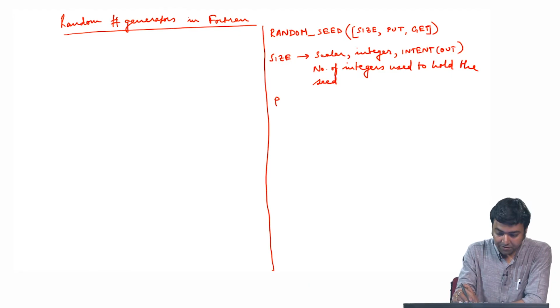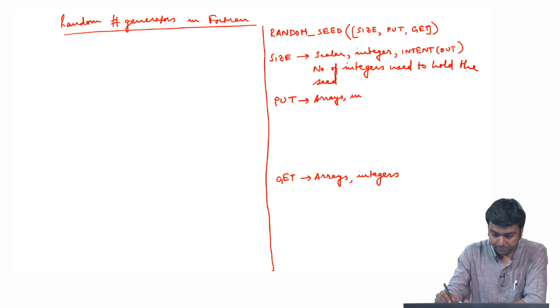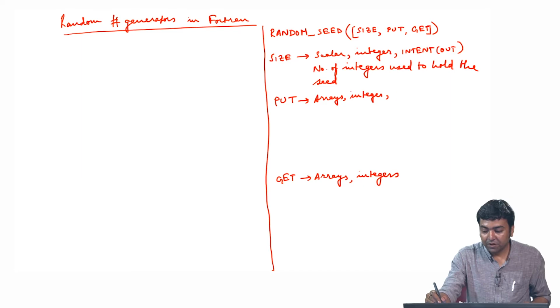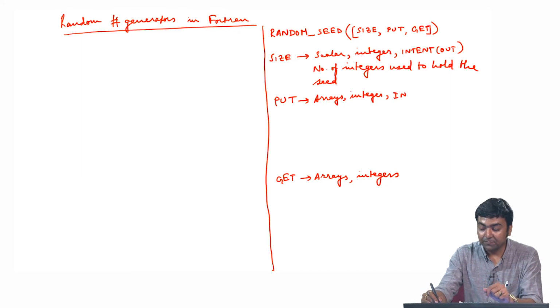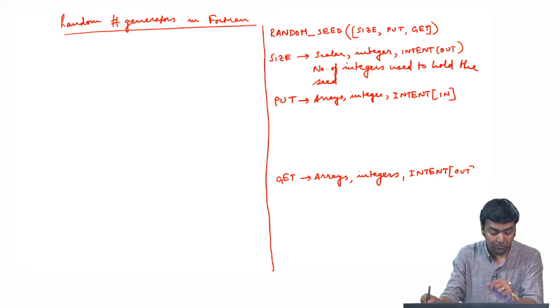In contrast, put and get are both arrays, both integers. The difference between put and get is that put is intent in type, while get is intent out type.